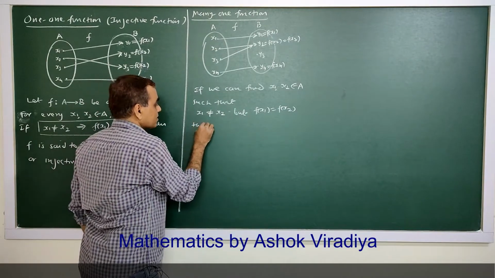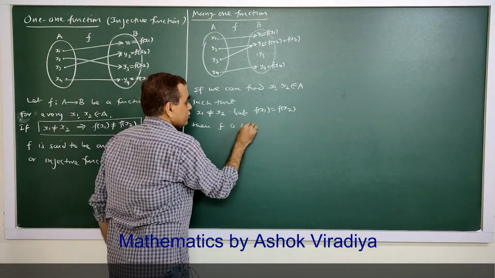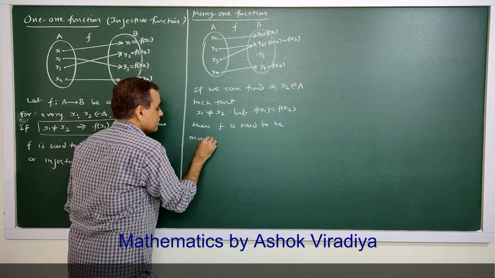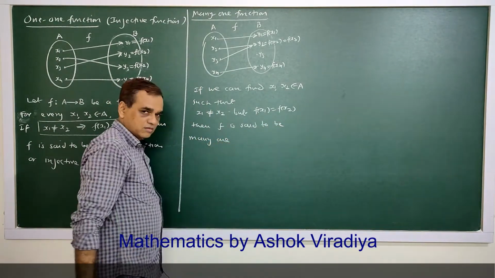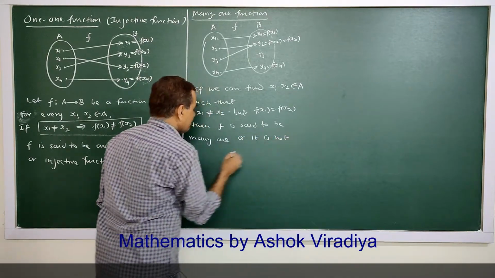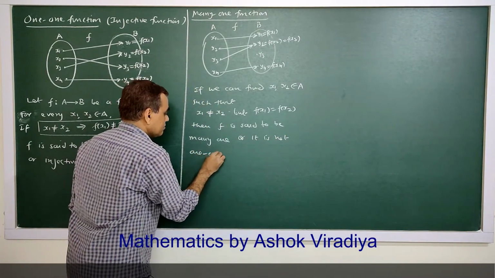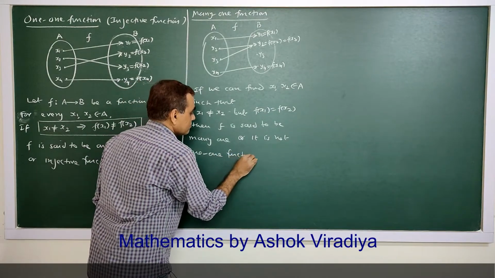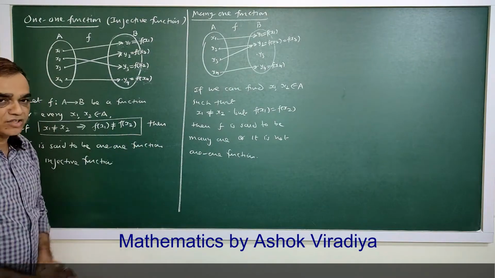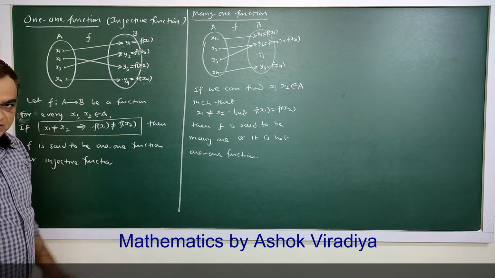Then this function is said to be many-one, or it is not one-one. So that is the meaning of many-one function, or when it is not one-one.